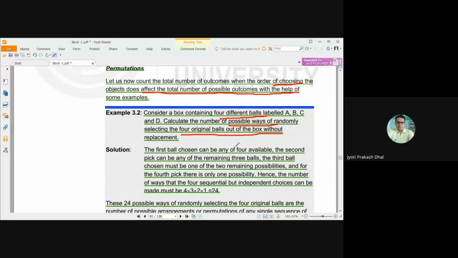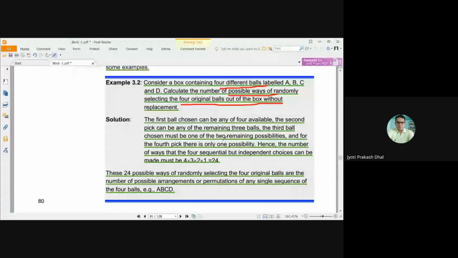The first ball chosen can be any one of the 4 balls, for the second pick we can choose any one of the 3 balls, for the third pick any one of the 2 possibilities, and for the fourth pick there is only one possibility.